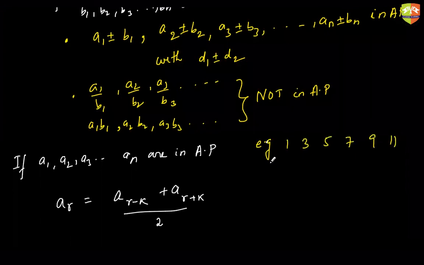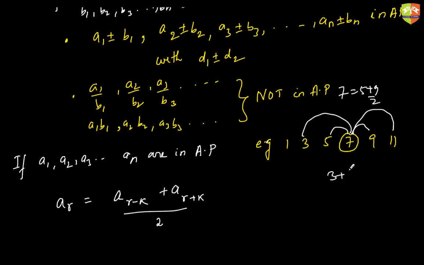If I take this term 7, take any terms equidistant from it. Let's say I go 1 this side and 1 this side. So 7 will be nothing but (5 plus 9) by 2. If I go 2 this side, it will be (3 plus 11) by 2. Are you getting my point? So any term is nothing but the mean of the two terms which are equidistant from it on either side.